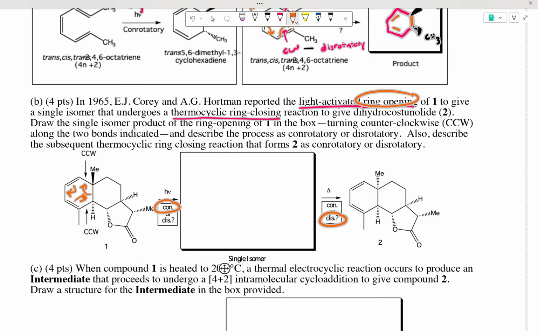So again, we can start with everything besides the bond that's going to open up. And then we're going to draw everything else as normal because nothing is happening to it.